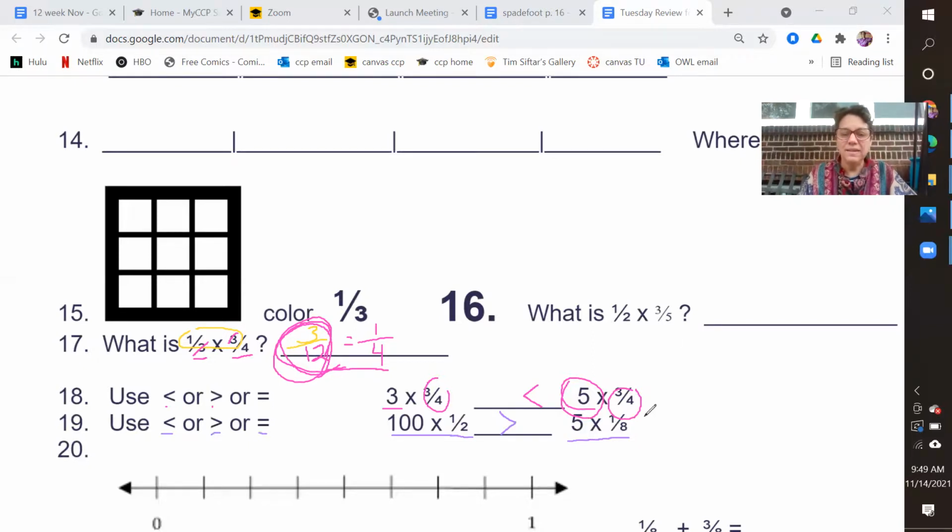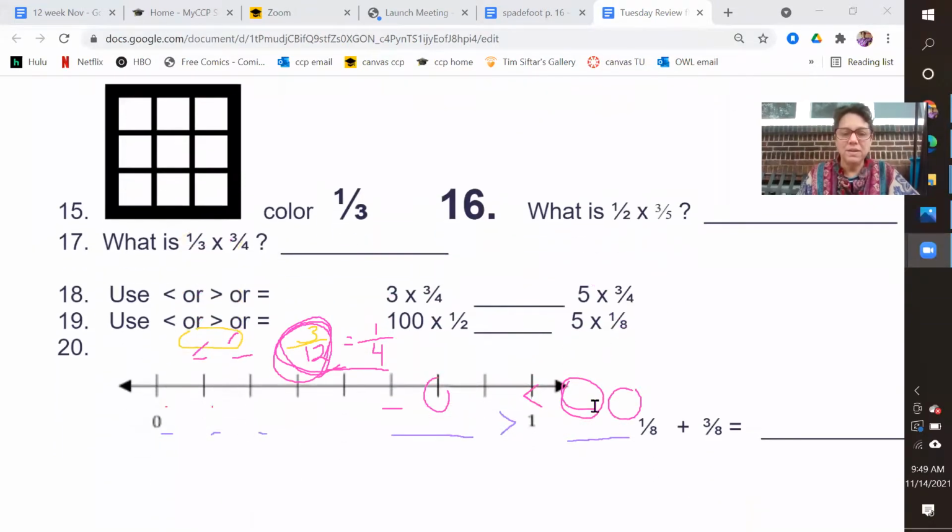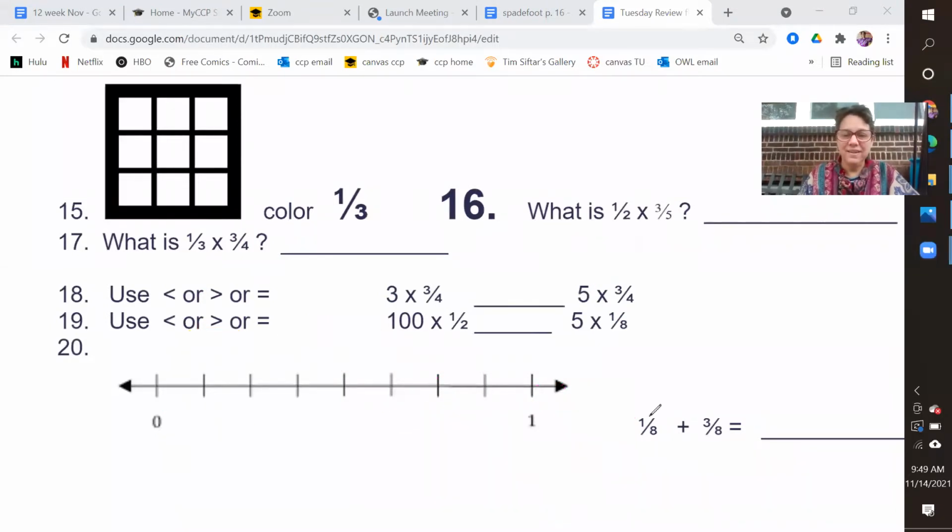Last one. Are you guys ready? All right. It is 1/8 plus 3/8. And we have this thing. How many does it have? 1, 2, 3, 4, 5, 6, 7, 8. Okay, good. It has 8.